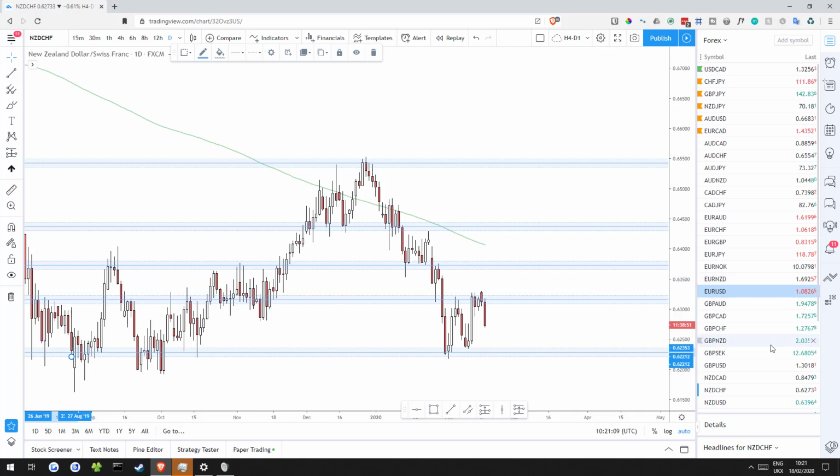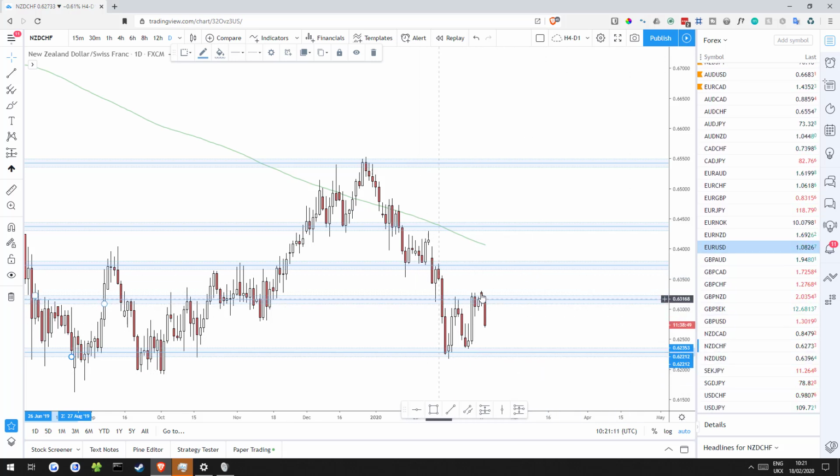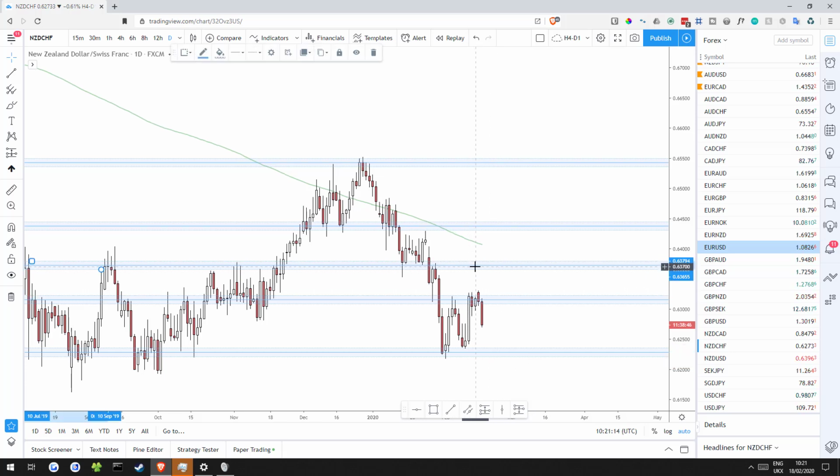Support resistance areas need some adjusting from time to time, and they definitely need adjusting here on New Zealand CHF.